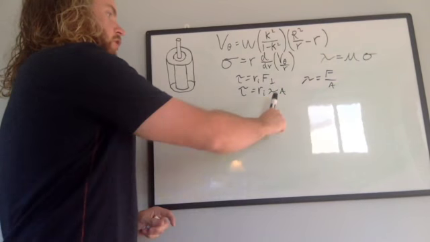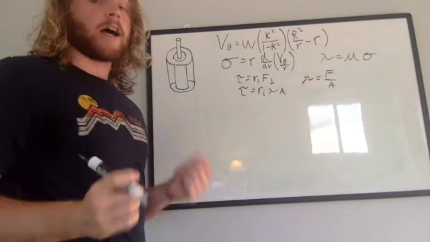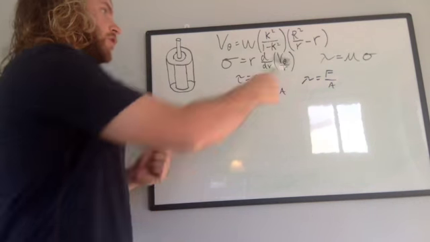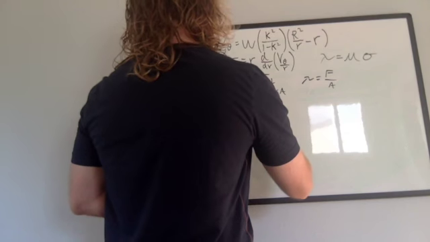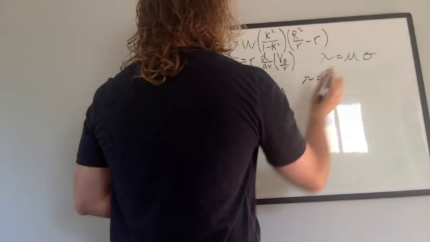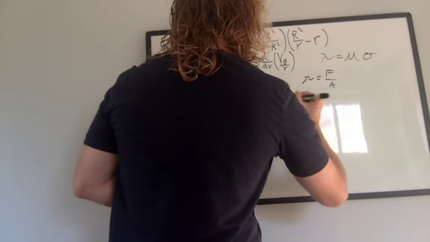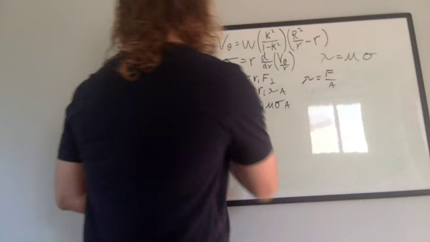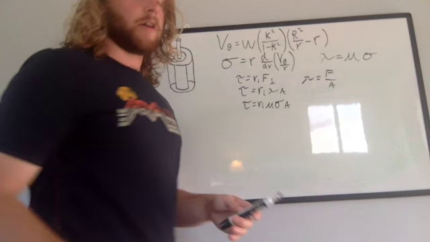And we know that our shear stress is going to be our viscosity times our shear rate. So we can go ahead and substitute that in down here and get torque is equal to radius of the inner circle times viscosity times our shear rate times the area. Alright, and this is going to be our equation for torque that we are going to be solving for.